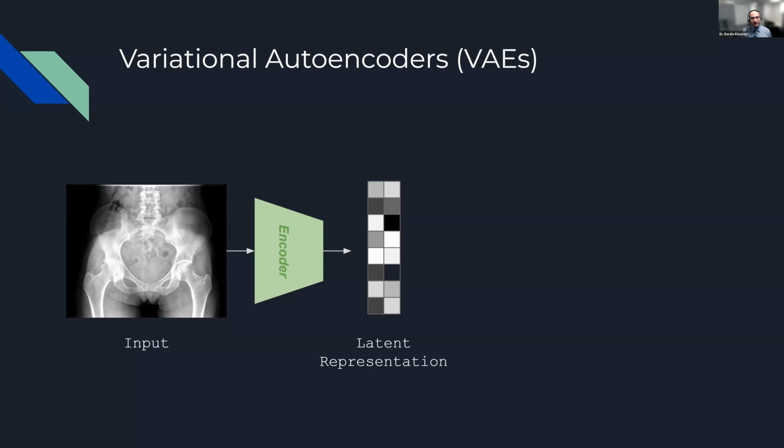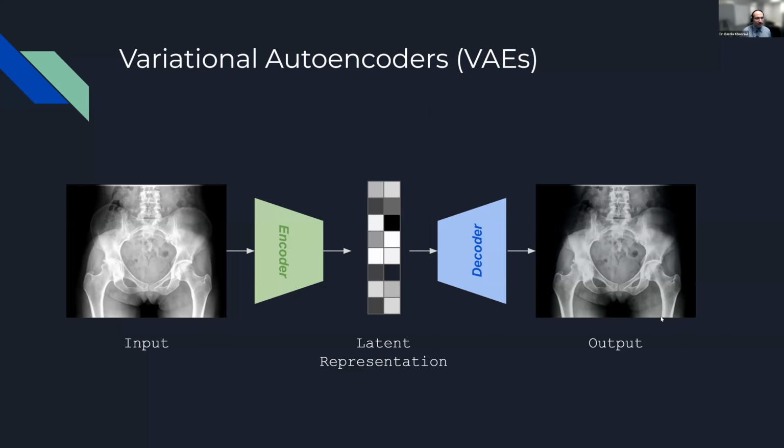So it's compressing that information. And then you train a decoder to bring back this latent representation to an original image, or an output that's very similar to the input. So this is a compression algorithm. And by doing this, there is a chance that you might lose some information, which we'll discuss later. That's why these 2 images are not completely similar.